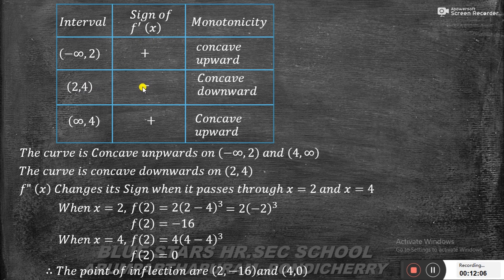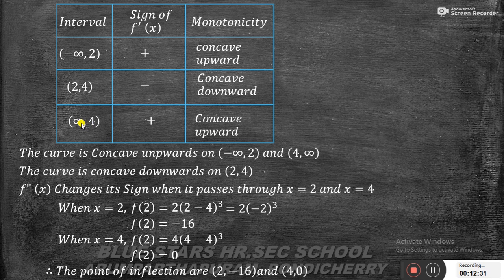So I represent only the plus and minus signs here. The previous interval gave the plus answer, here the minus answer. So minus means concave downward. Plus means concave upward, minus means concave downward.